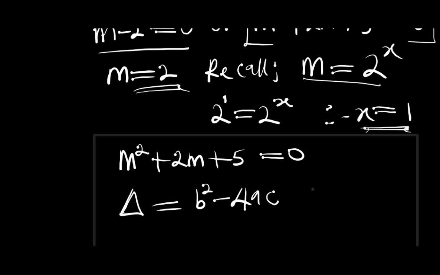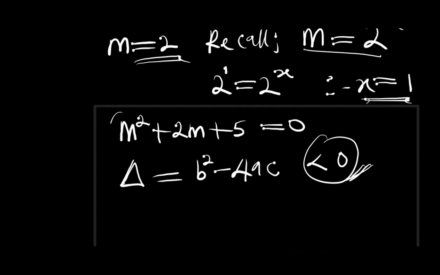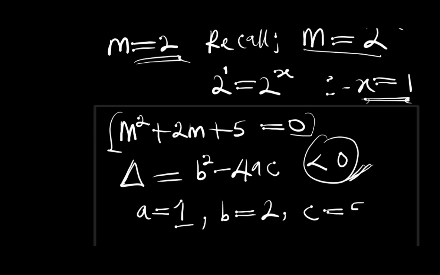If this is less than 0, that means it's going to give us a complex solution. So that's what we are going to check. Take note of this condition. From this quadratic equation, we have a equals 1, b equals the coefficient of m, that is 2, and c equals 5.